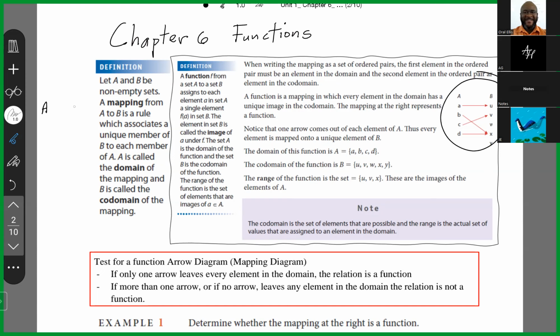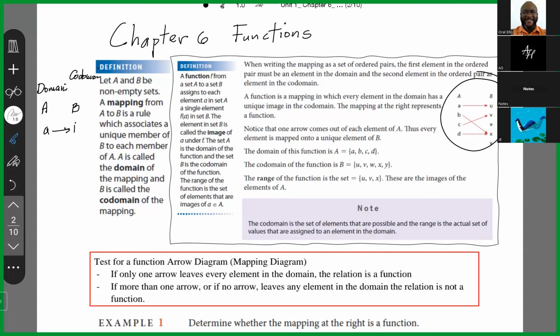You have A, you have B, and the elements of A are mapped to the elements of B, like that. The elements of A are called the domain, and the elements of B are called the codomain.